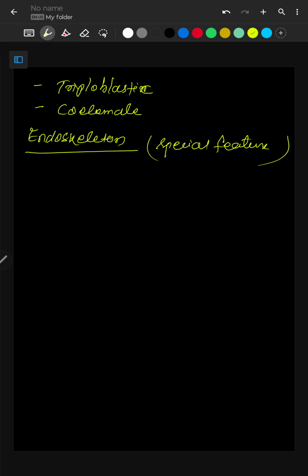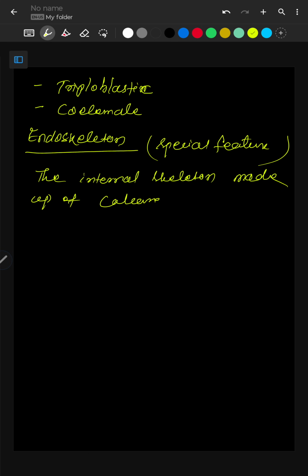So the internal skeleton is made up of calcareous ossicles. Okay, so when we take the section of the Echinodermata, we'll see the skin.